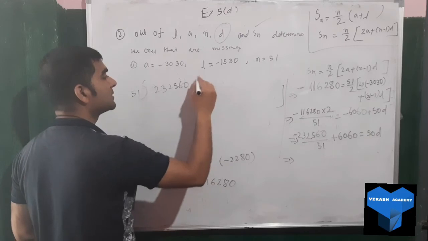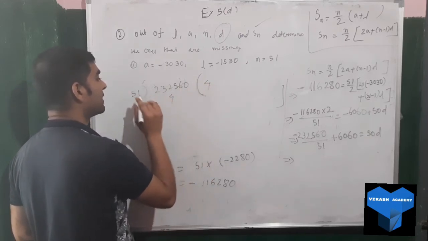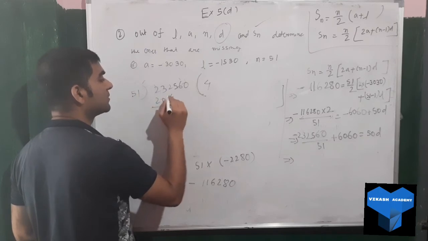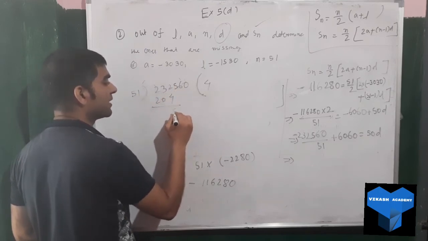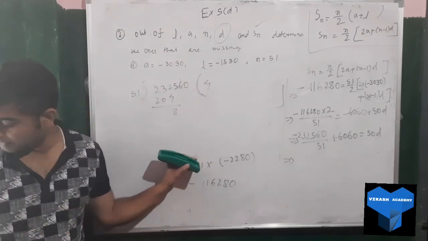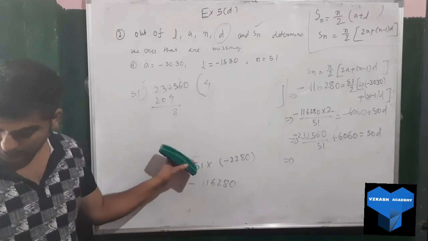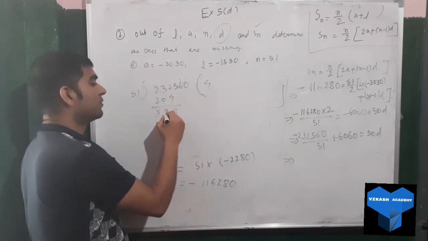It will go first 4 times. 4 1s are 4, 4 5s are 20. So 12 minus 4 is 8. Then we have 2 minus 0, which is 2, so we got 28.